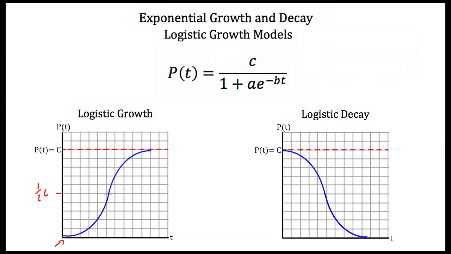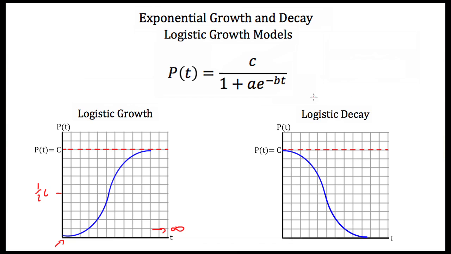Once you hit the halfway point, this turns into a logistic graph. And as time t continues towards infinity, this line will approach the maximum value of c, but it'll never actually hit it. This maximum value of c is just an asymptote.